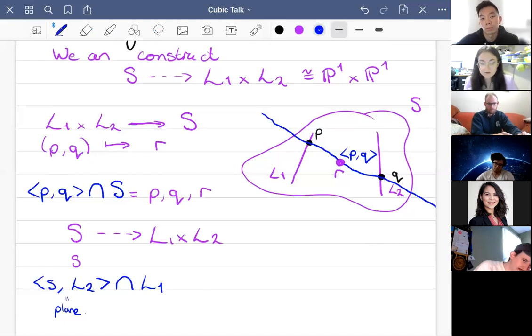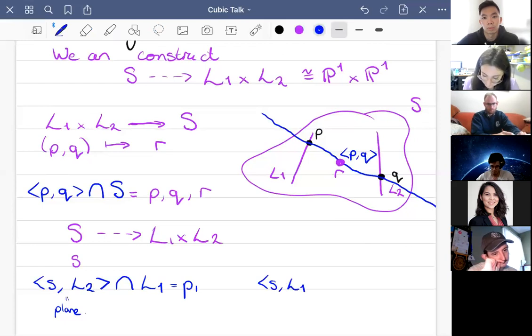And now a line is linear, the plane is also linear. This should intersect in a unique point. So we'll call that, I guess, P1. And then we do the same thing with the other line. So we take the plane spanned by S and L1. We intersect with L2. And we get another point, P2.